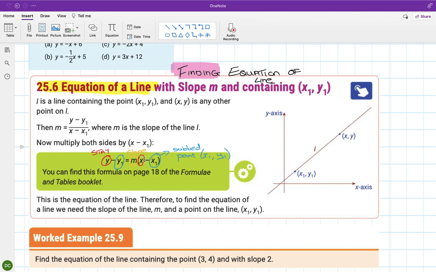The two red ones, the plain x and the plain y, will stay and form part of your answer. So to find an equation of a line, you need a point and a slope.